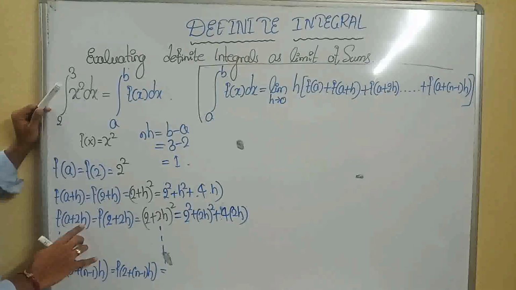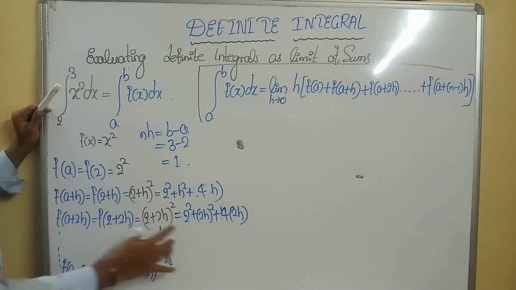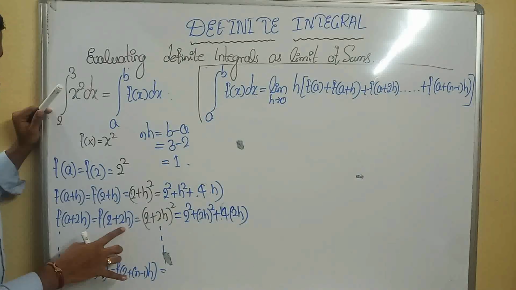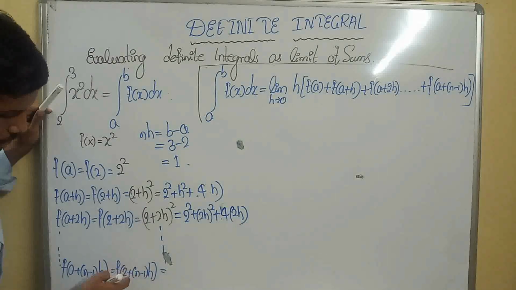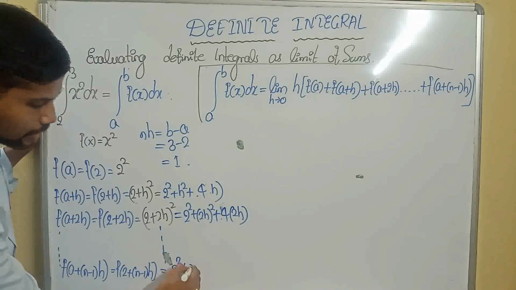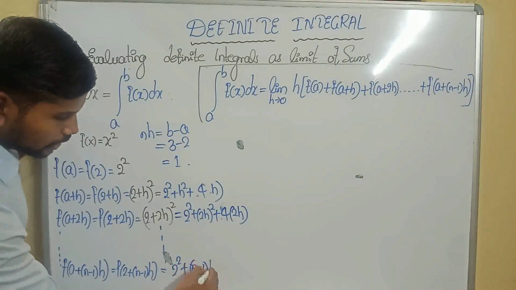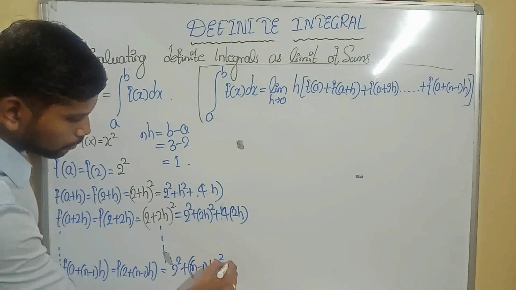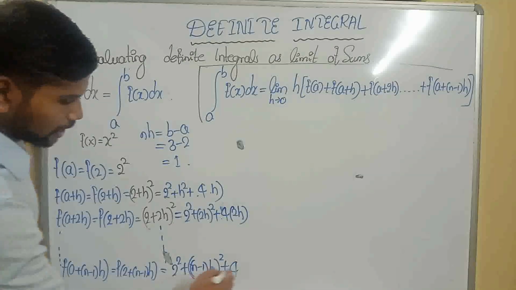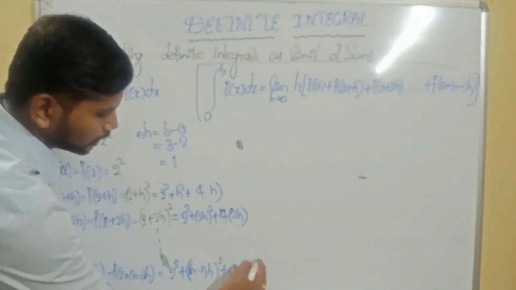For a plus 2h, first term 2 square, second term square, 4 into the last term, that is 2h. In the similar manner, 2 square plus second term square, (n minus 1) into h whole square, plus 4 into (n minus 1) into h.